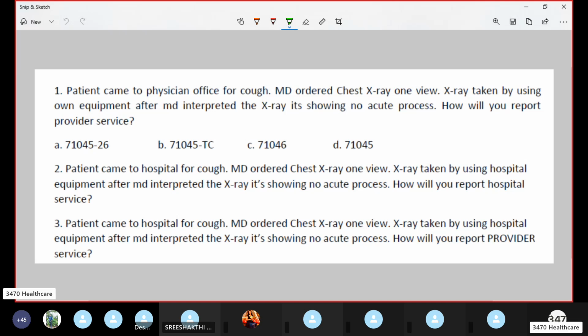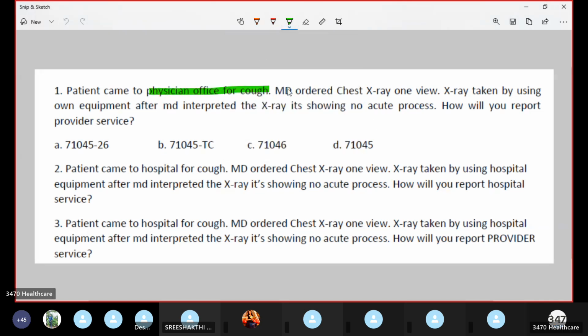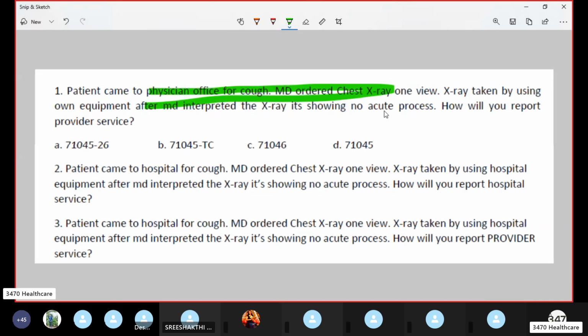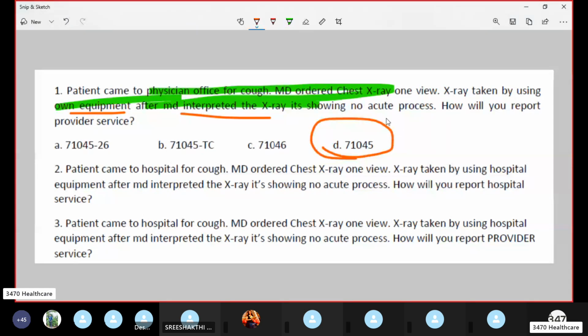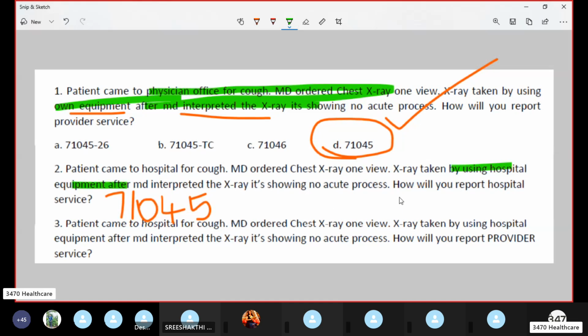Okay, I will tell the answer. First one is for the physician's office, they are using their own equipment, and the MD interpreted. So technical and professional both are done, no modifier. So your answer is 71045. Second one, 71045. It is the hospital using the hospital equipment. The question is how will you report the hospital?